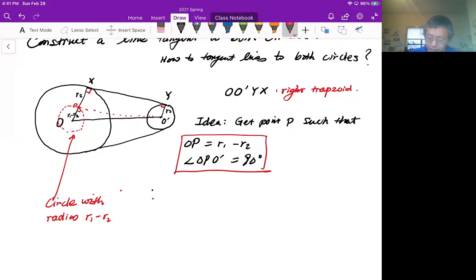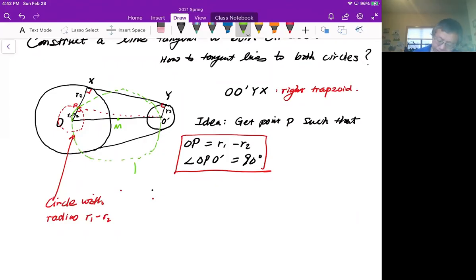So secondly, the basic idea is that you get the midpoint here, right? Using this midpoint, you can draw the circle, something like that. I tried my best. I'm not good at drawing, but something like this.